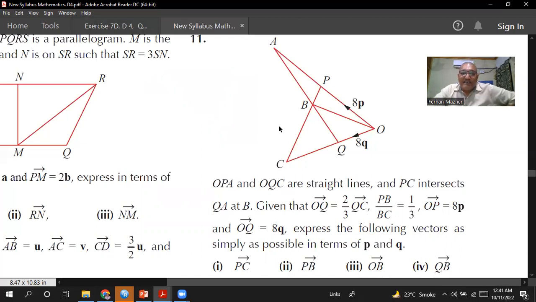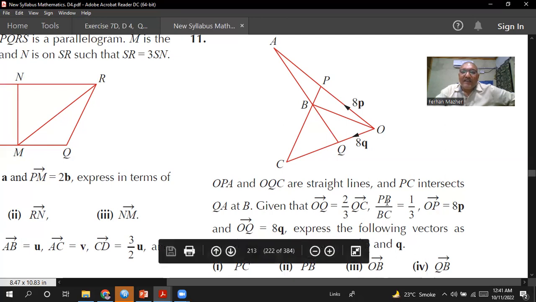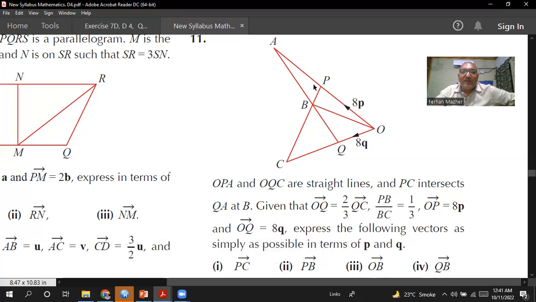Okay, so he says that the OQ by the QC is 2 by 3. So this portion is 2, this portion is 3, the total portion is 5. That's the ratio. Okay, then he says PB by BC is equal to 1 by 3. So this portion is 1, this portion is 3.